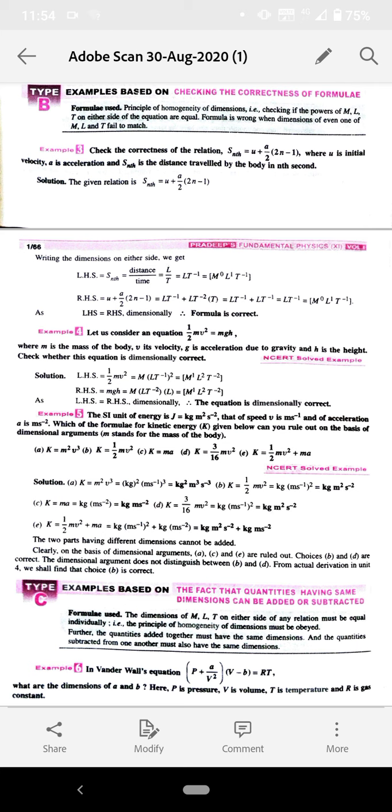In RHS we have two terms. The first one is u, the second one is (a/2)(2n − 1). For u, which is initial velocity, the dimensional formula is L T^-1. For (a/2)(2n − 1), the dimensional formula of a is L T^-2.